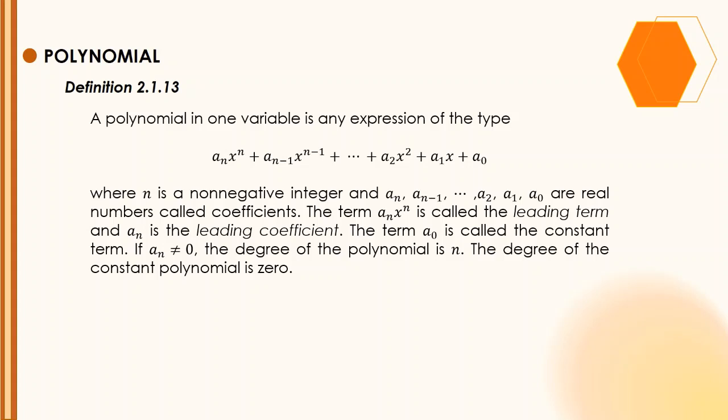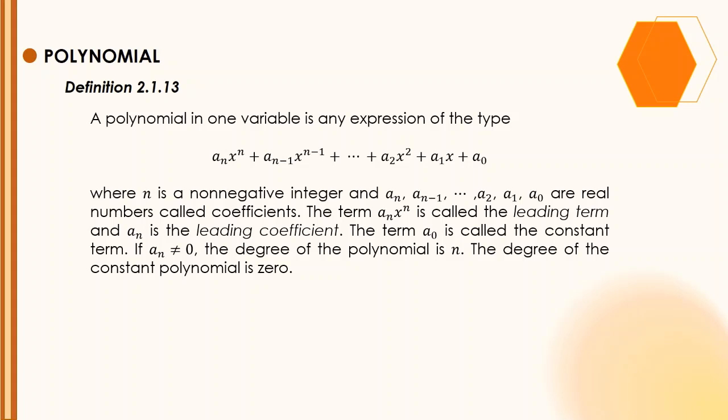The terms of a polynomial may be written in any order. However, polynomials containing a single variable x may be written in standard form. So this expression is the standard form, where n is a non-negative integer and a sub n, a sub n minus 1, a sub 2, a sub 1, and a sub 0 are real numbers called coefficients.